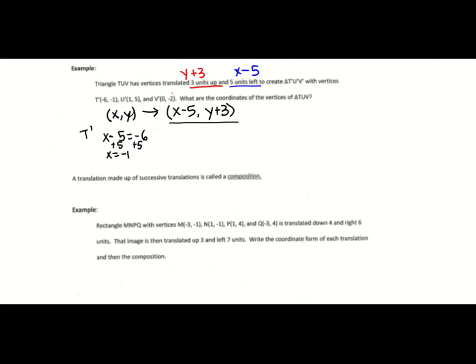If we do the same thing with the y, my y for my image is negative 1. To find my original one, I've got to subtract 3. Y is negative 4. So this means my pre-image point of t was negative 1, negative 4.